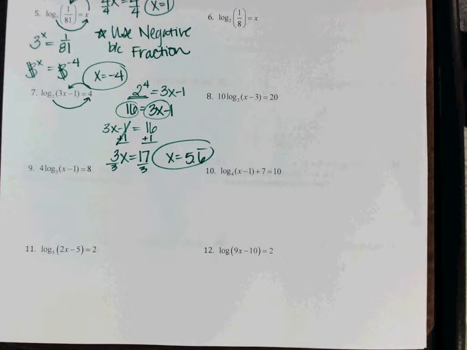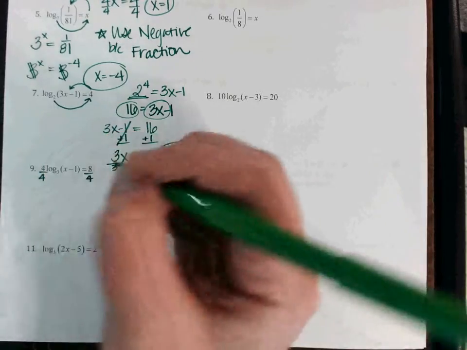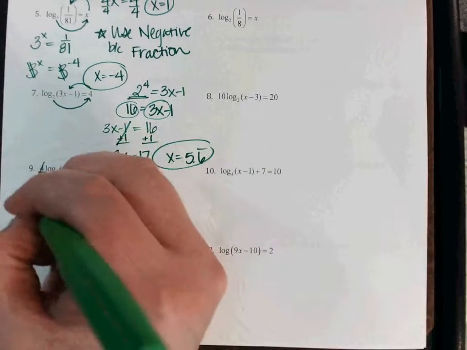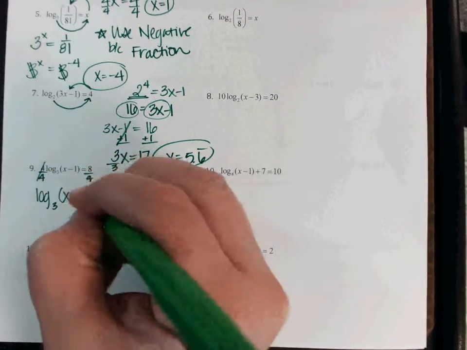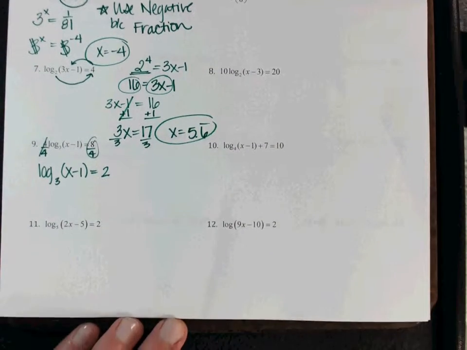Now, when I go to number 9, am I ready to loop it right away? No, why not? Gotta divide by 4, good. Yay! Y'all remembered. 8 divided by 4 comes out to be what? Good, so log little 3 of x minus 1 equals 8 divided by 4, which is 2. And then from there you do your loop.